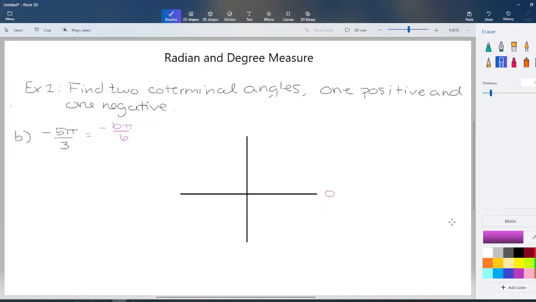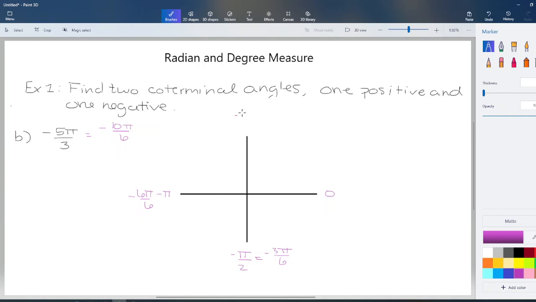So I'm going to start with negative pi over 2, which is negative 3 pi over 6. Then negative pi, or negative 6 pi over 6. Okay, now our angle is opening up counterclockwise, so I need to keep going past 3 pi over 6, past 6 pi over 6.